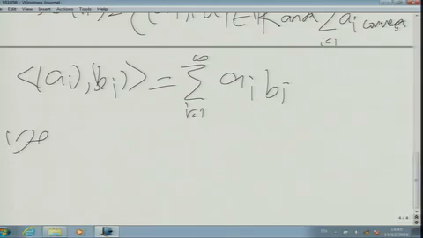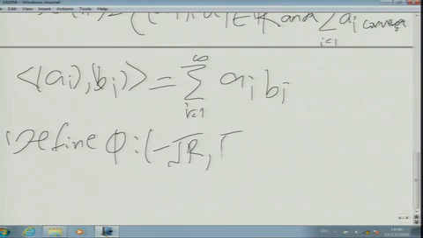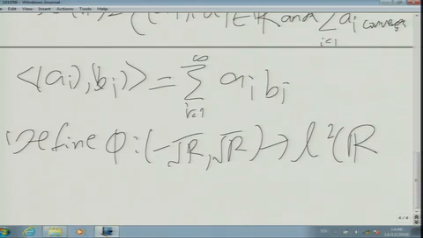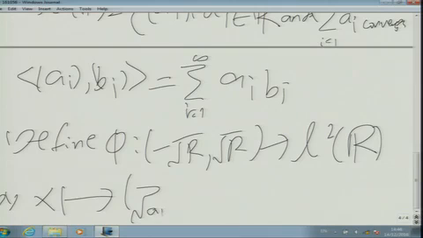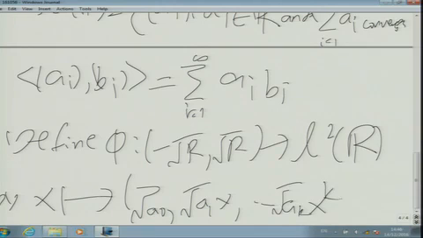And now we define a function phi with range negative root R and root R to the L2 space by sending x to the sequence root a_0, root a_1 x to root a_k x to the power k and to infinity.